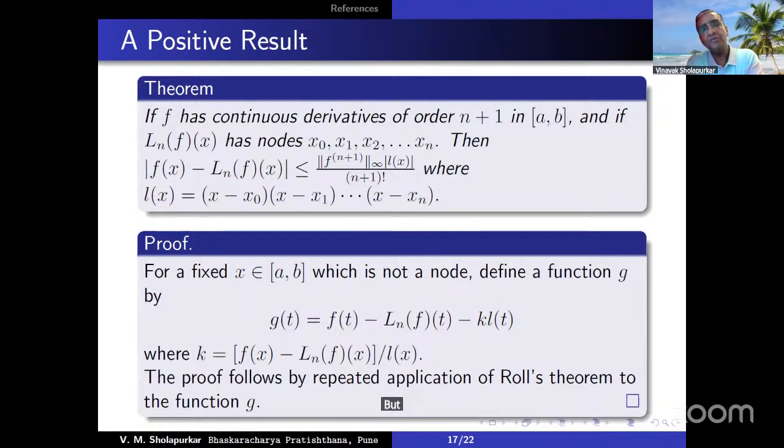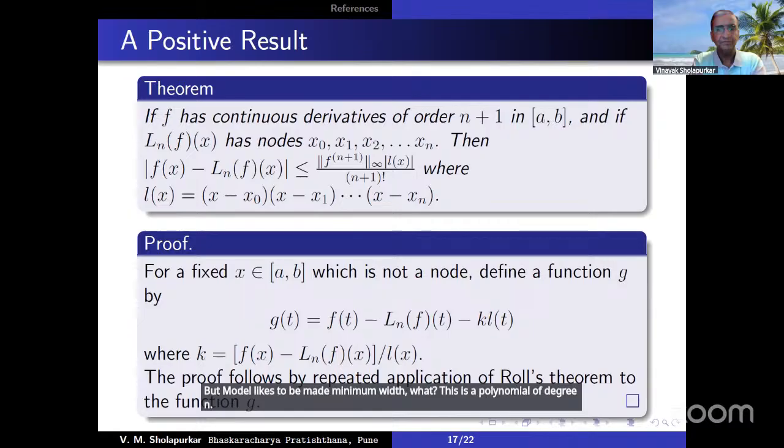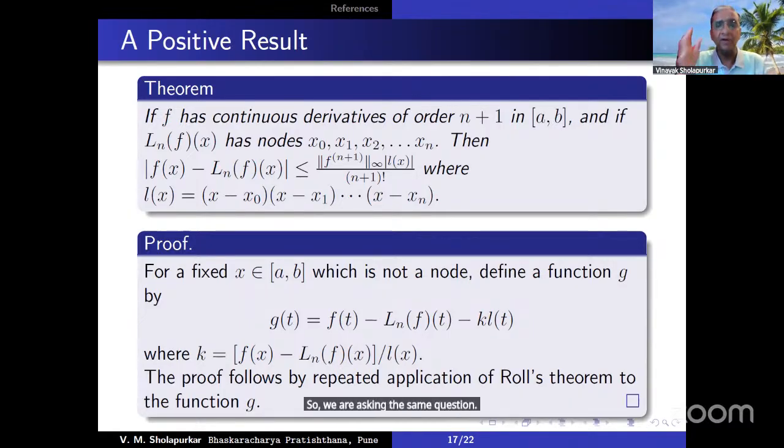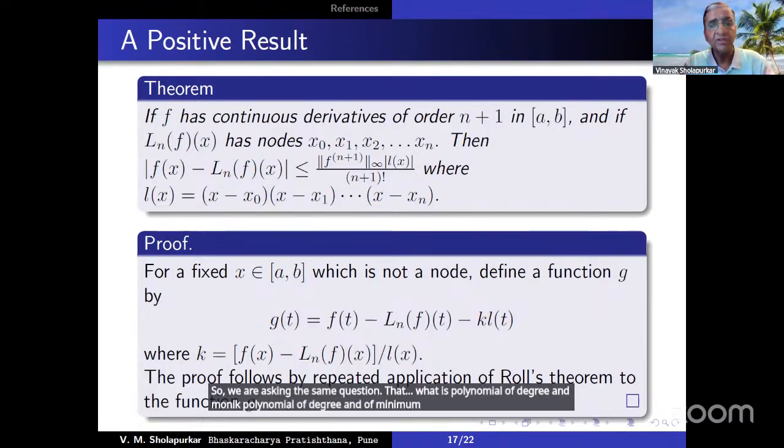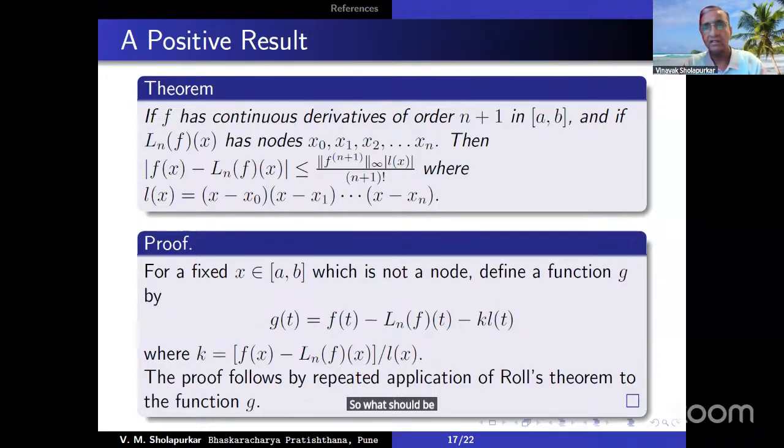But mod L(x) to be made minimum means what? This is a polynomial of degree n. So we are asking the same question: what is the monic polynomial of degree n of minimum norm? So what should be x0, x1, xn? x0, x1, xn should be, yes, anyone, quickly?